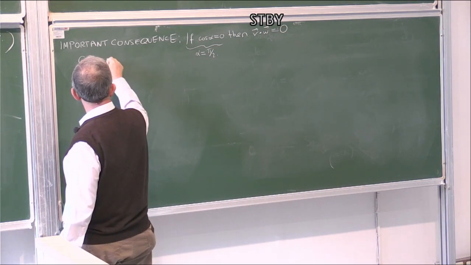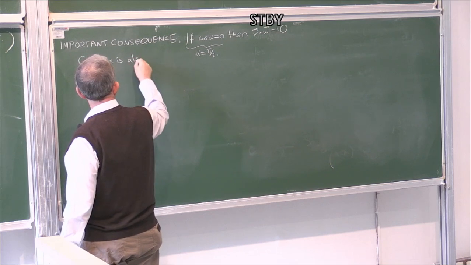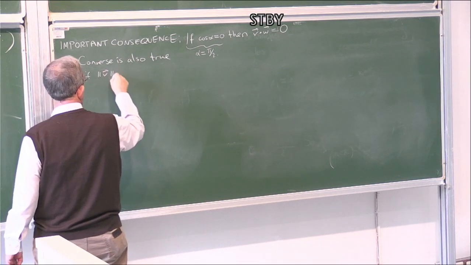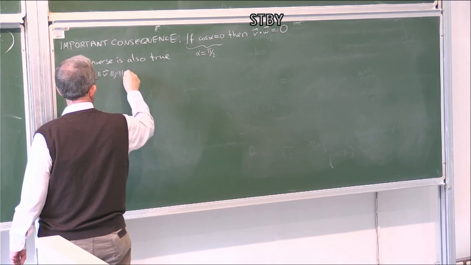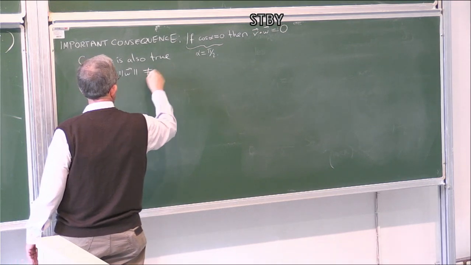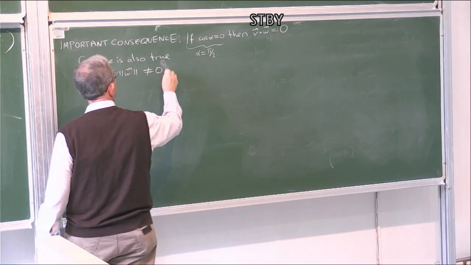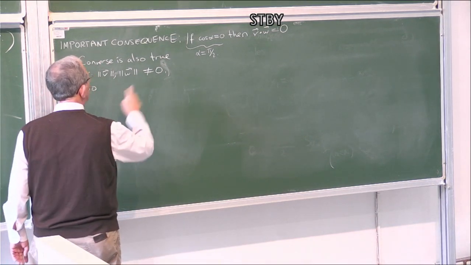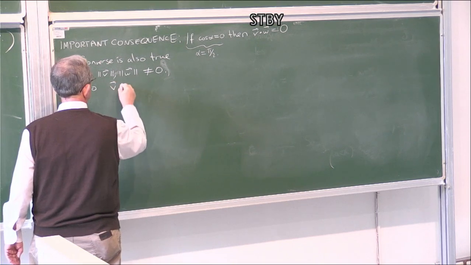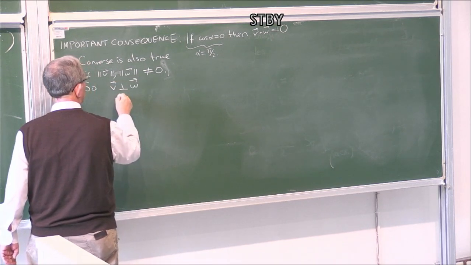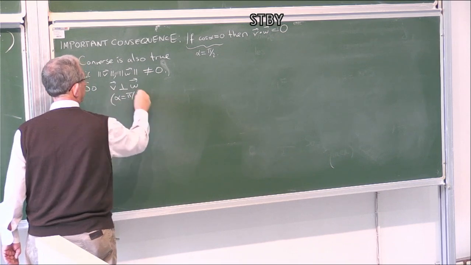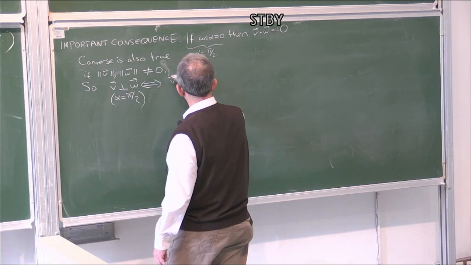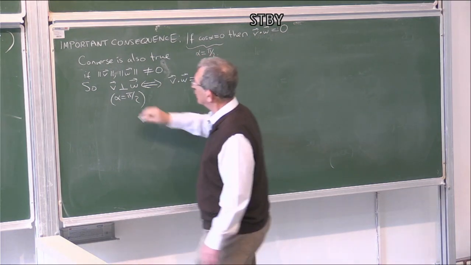So two vectors are perpendicular, equivalently alpha is pi over 2, if and only if their dot product is 0.